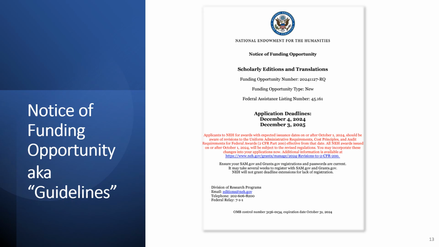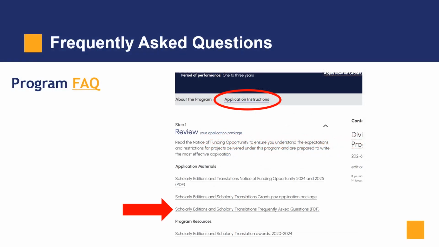And what follows from this page is a series of the information that you'll need to apply to this program. We sometimes refer to it as the guidelines, or the Notice of Funding Opportunity, or the NOFO for short. Another important document you'll find here on the landing page under the Application Instructions tab, Step 1 Review, is the Program Frequently Asked Questions.